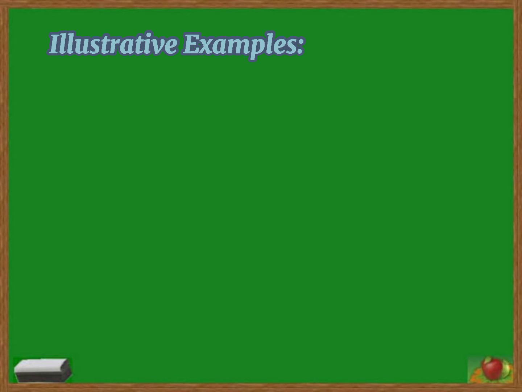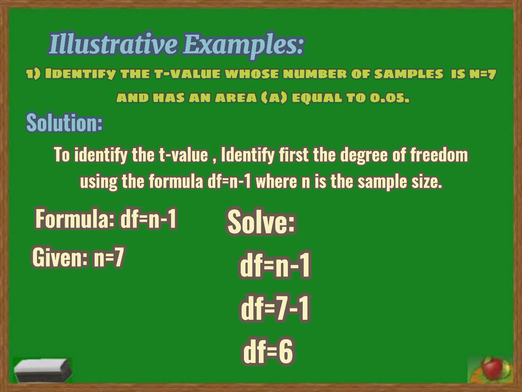Number 1. Identify the t-value whose number of samples is 7 and has an area of 0.05. To identify the t-value, identify first the degree of freedom using the formula df equals n minus 1, where n is the sample size.